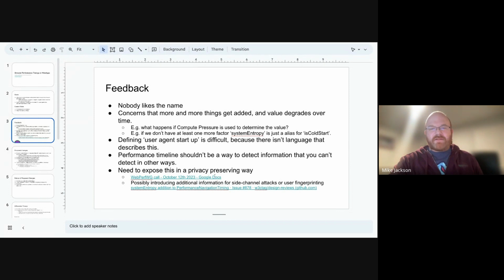I've got a link here to the Perf working group where we talked about auxiliary and non-auxiliary data. And some feedback from the TAG was that they are worried that it could possibly introduce a side channel for attacks or user fingerprinting, especially if the user has multiple tabs open during startup, which is one of the conditions where we would return a high entropy value.